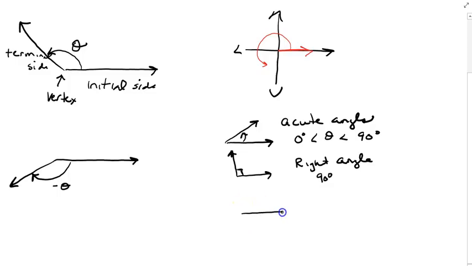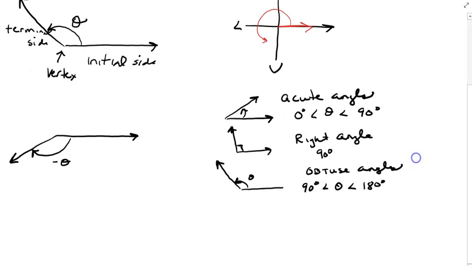Angles that are greater than 90, but less than 180 degrees would be our obtuse angles. We won't really use the term obtuse much in this class, but we will certainly use acute angles and right angles. But these particular angles are definitely greater than 90 degrees, but they are also less than 180.